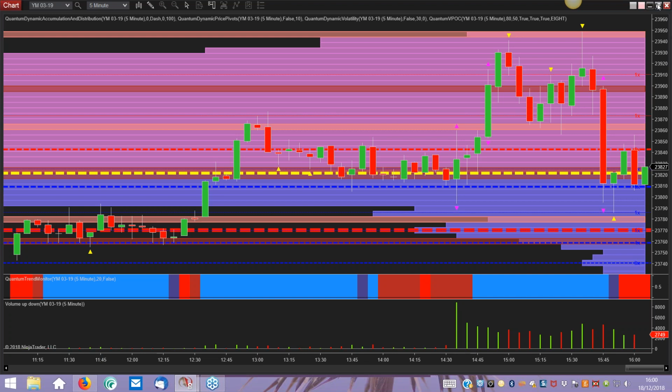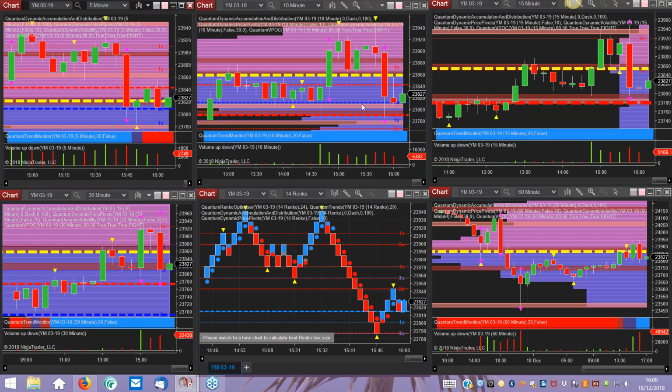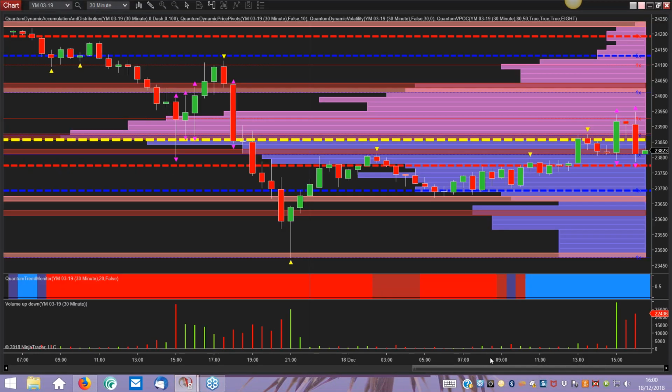So it's very, very choppy right now. And as these congestion phases build, you've got to look at the levels. Let's go down to 30, take a slower time frame.